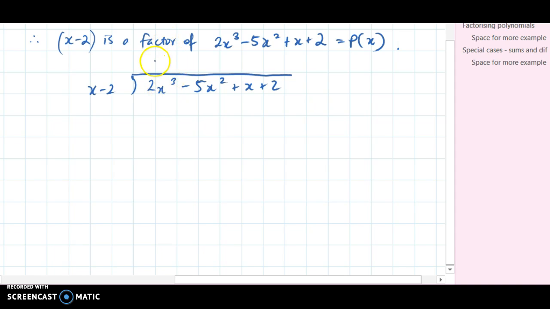X goes into this 2x squared times. Right. If you minus it, then it becomes a plus. Bring the x down. X goes into minus x squared minus x times.